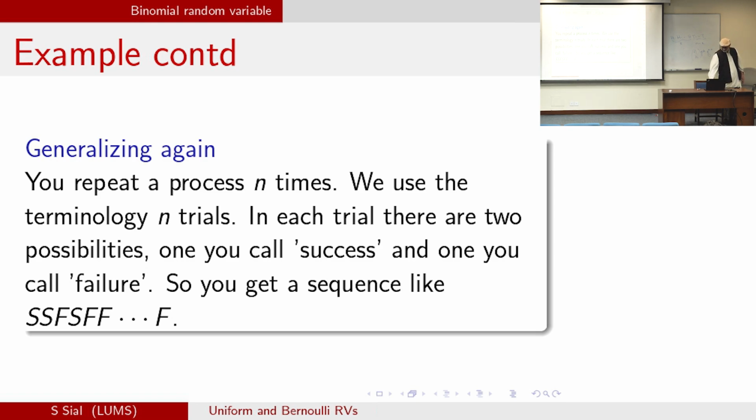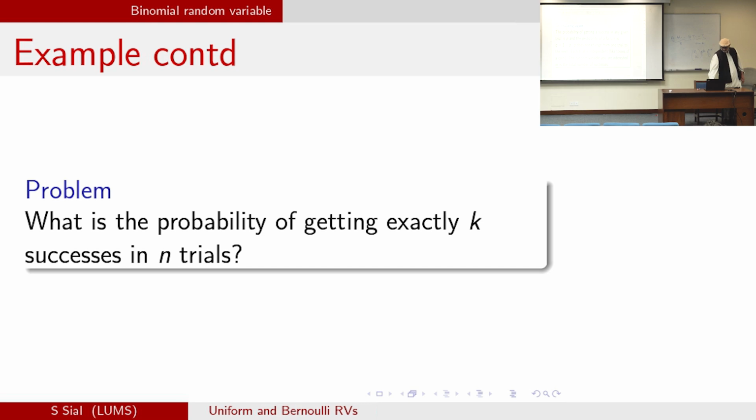All right? So, you have n trials, the probability of an S is p, the probability of an F is q equals 1 minus p.